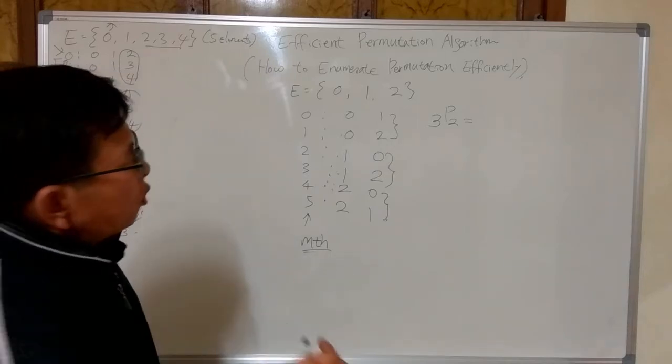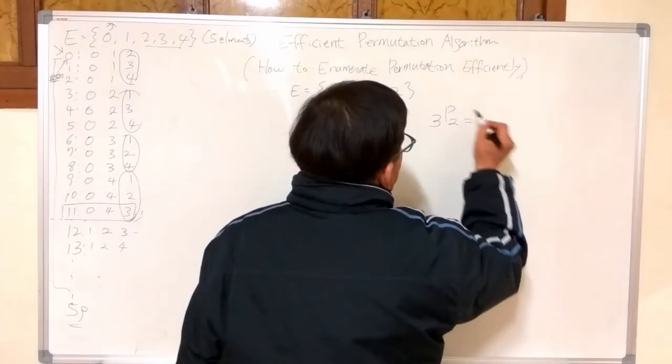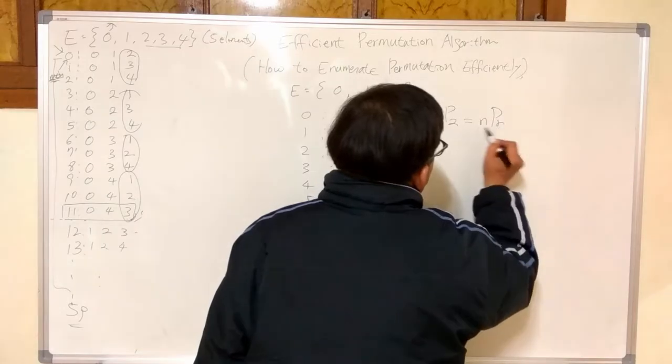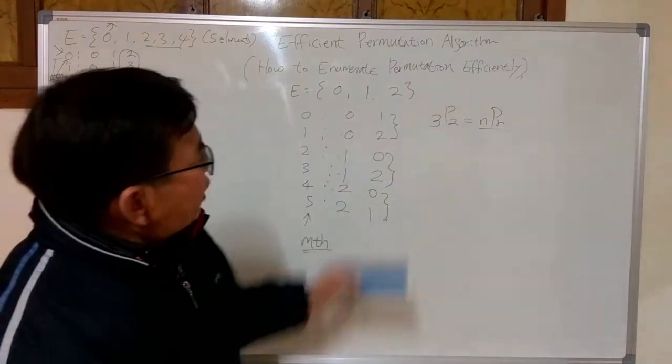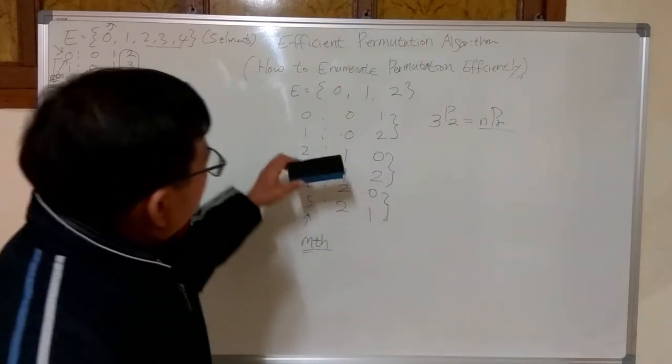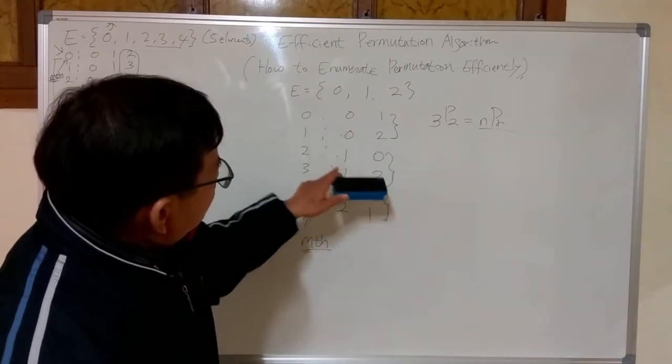Because we choose 2, we label it P and R here. N is 3 elements. R is 2, we are choosing 2 elements, like this.